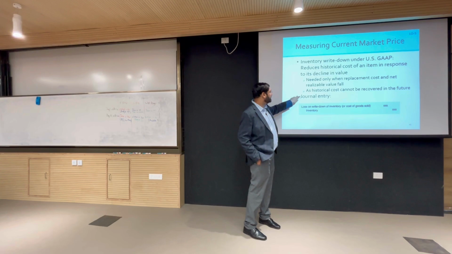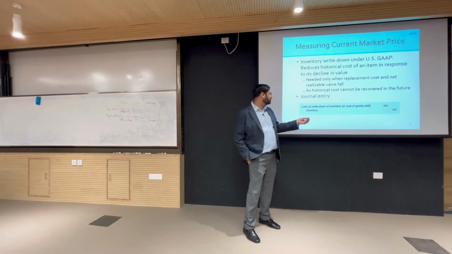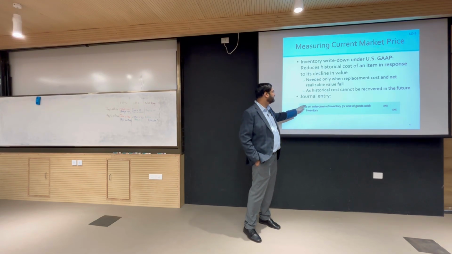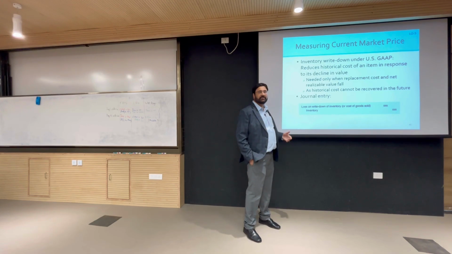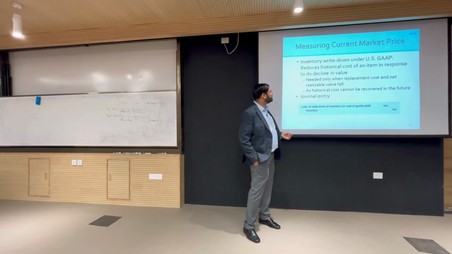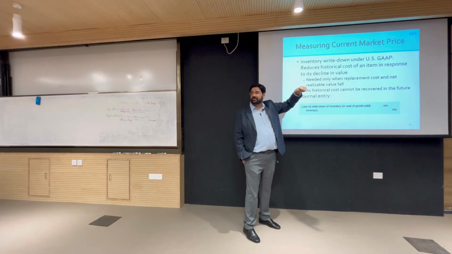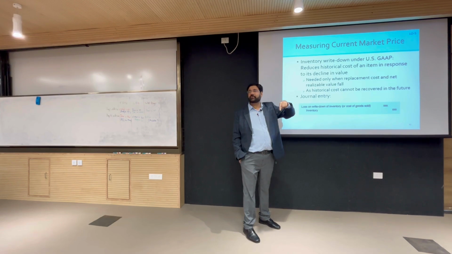So when we have a loss on inventory write down, we will say loss on write down of inventory or cost of goods sold 5 rupees and inventory is credited. This entry, why is this write down happening? Write down is happening because the market price, the market value, has gone below the cost.